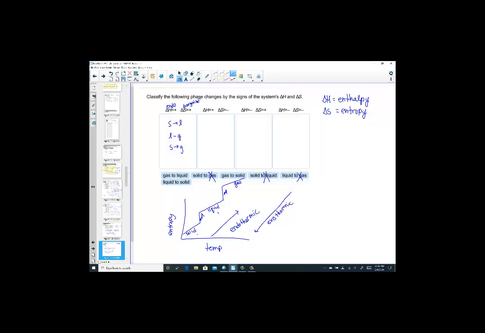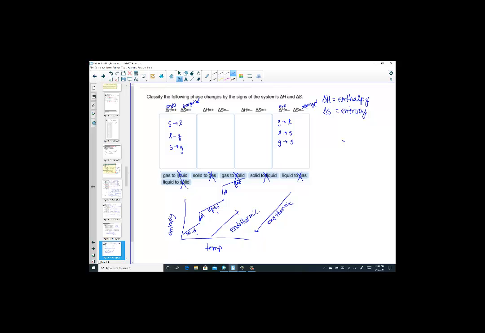How about the opposite? In the exothermic phase, when the system becomes more organized, you would have a gas go back to a liquid. That's exothermic, releasing heat and becoming more organized. You could have a liquid turning to a solid, releasing heat and becoming more organized. And you could have deposition, which is a gas going directly to a solid. Gas to solid, gas to liquid, liquid to solid.